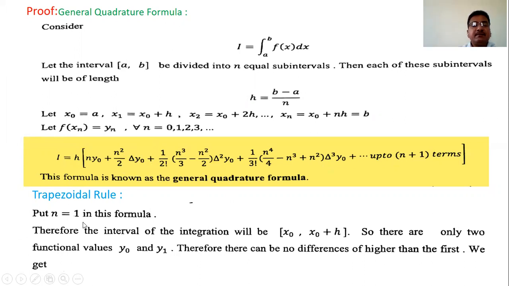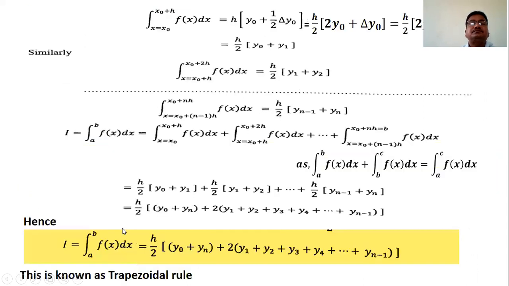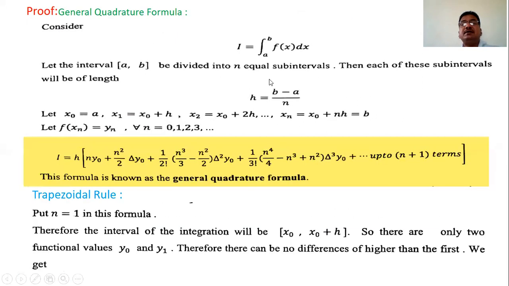And so what is I? It is h, and the value of n is 1, substitute n. So y naught plus 1 square by 2, that is 1 by 2 delta y naught. So I is the integration from x naught to x naught plus h, because n is 1. I is the integration from a to b, where a means x naught, and b is x naught plus h, because n is 1.